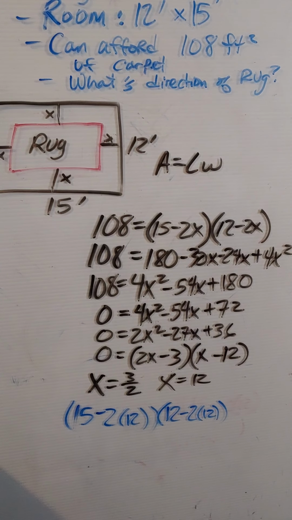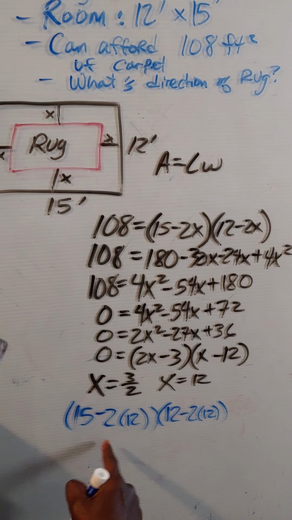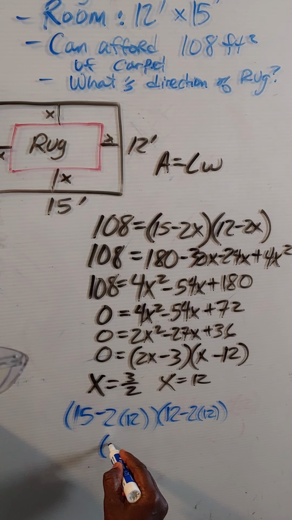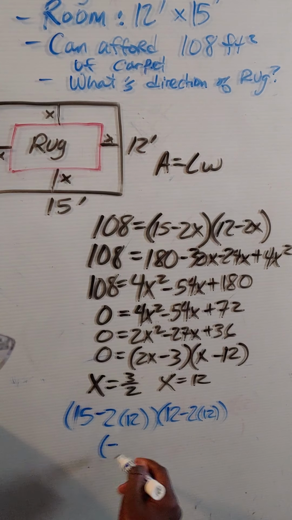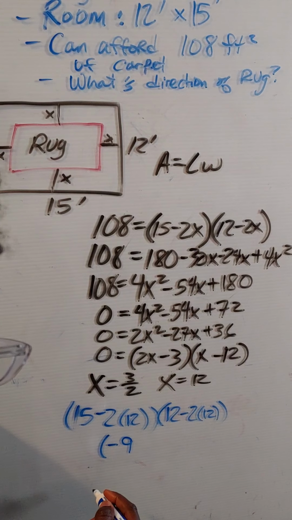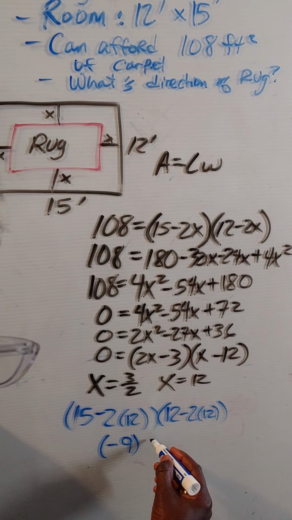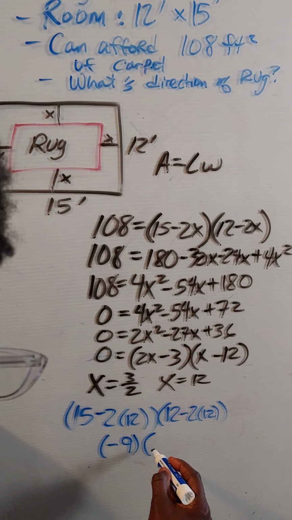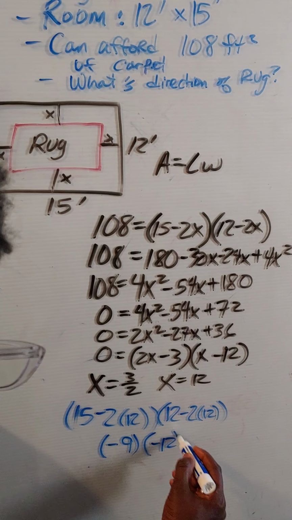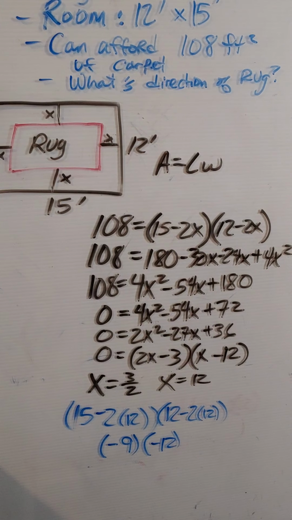I can see that I'm going to end up with 15 minus 24, which is negative 9. So I can stop here. I can see that this isn't going to work. Why is it not going to work? Because my dimensions are now negative, and that's just not possible. We're talking about feet, and feet cannot be measured as negative values. So 12 is not going to work.